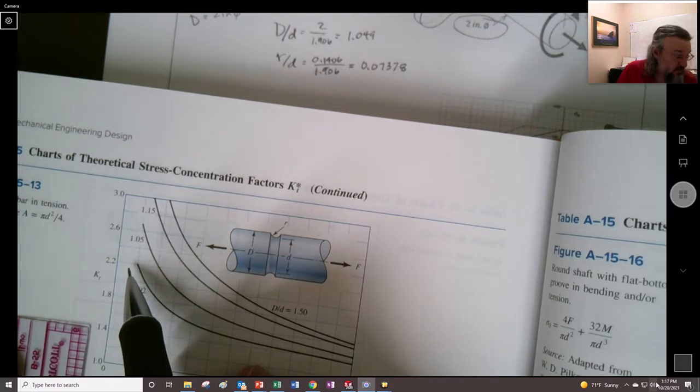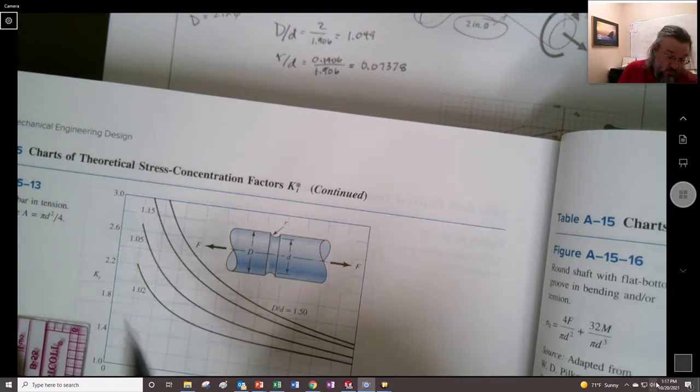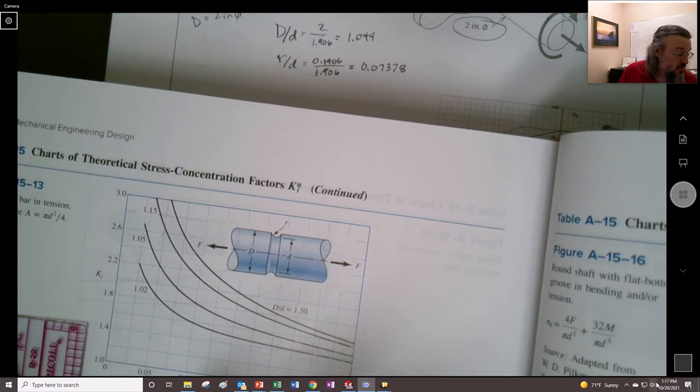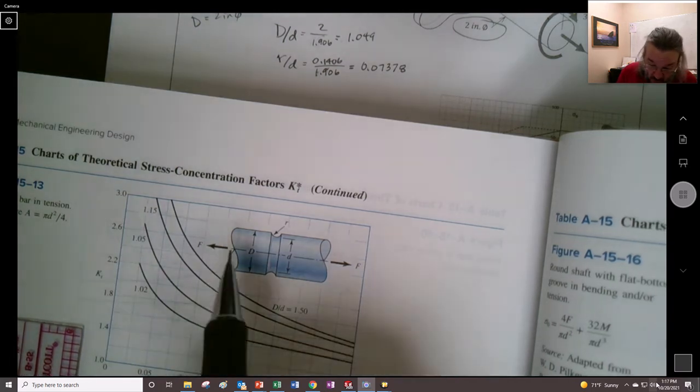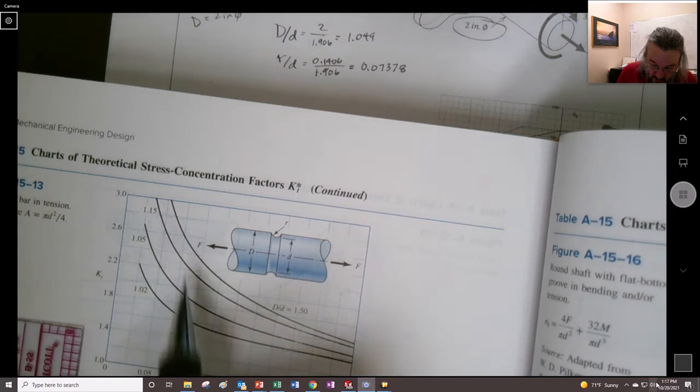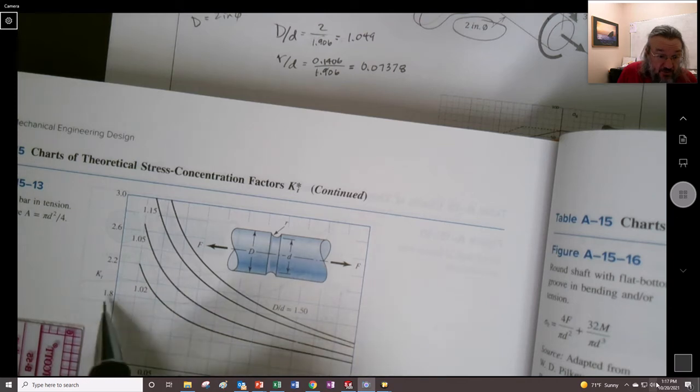Nope, I went up too high. That was 1.15. I need to go to this guy right here. I was looking at the wrong curve. So this is 1.8, that's 2.2, so this must be 2.